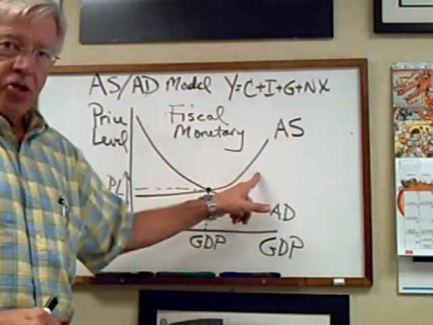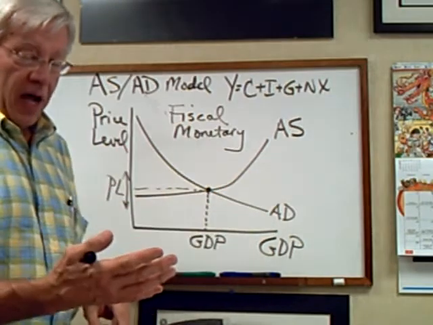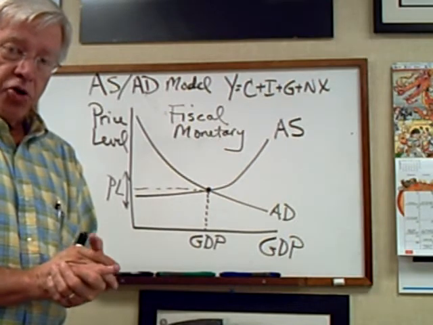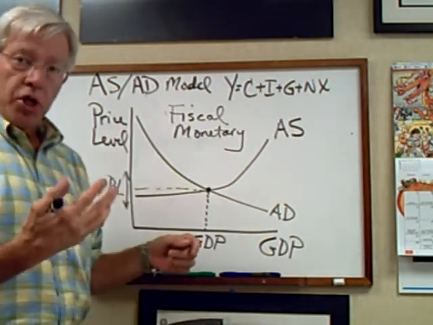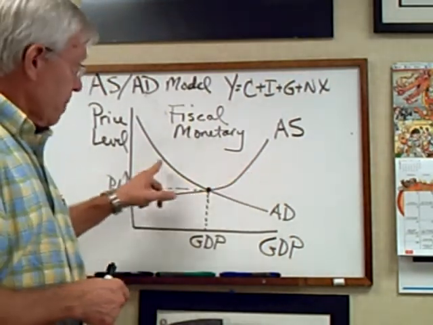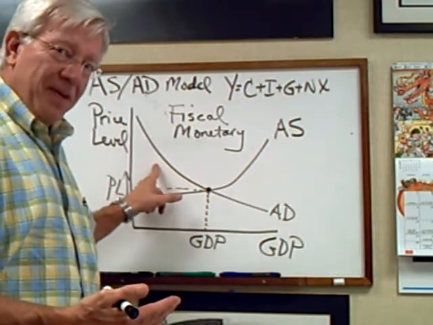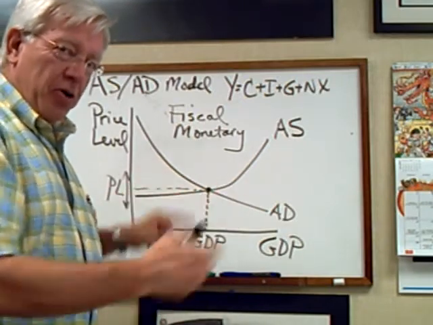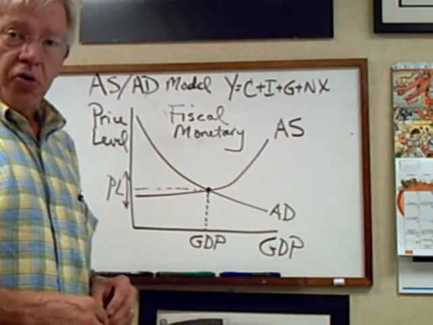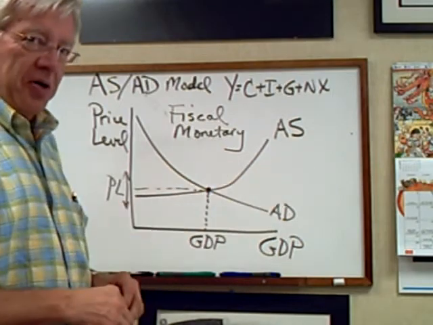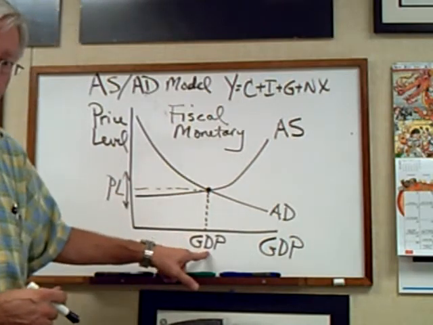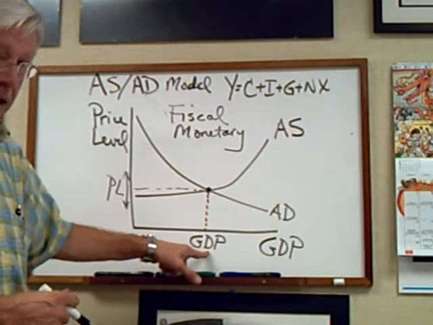If I influence suppliers, such as providing tax subsidies to home builders, for example, or industrial incentives through cheaper loans, that would be a monetary policy, then aggregate supply could be influenced. If I reduce everybody's taxes, that's going to cause the aggregate demand curve to shift over to the right. If I increase taxes, it'll cause aggregate demand to shift to the left. And that will have a corresponding influence on where the gross domestic product is likely to be.